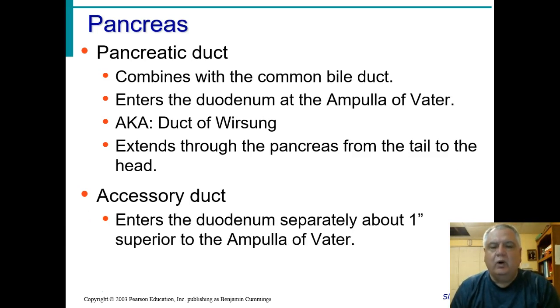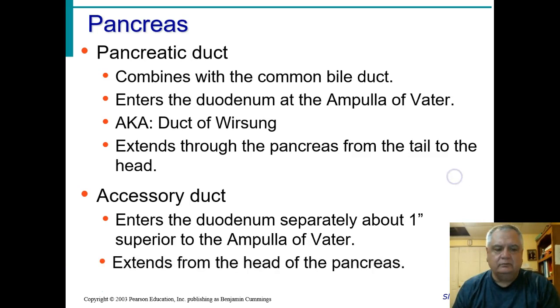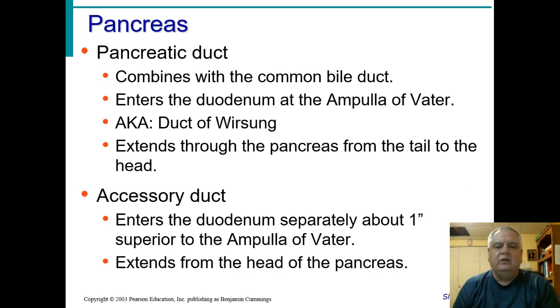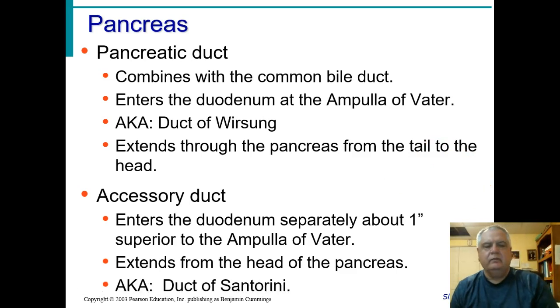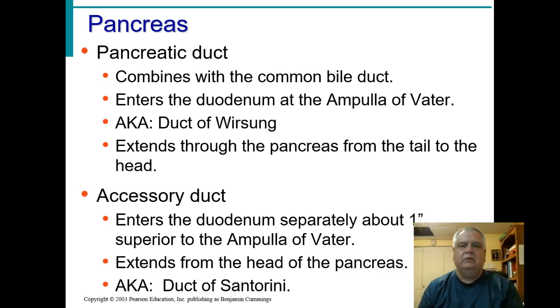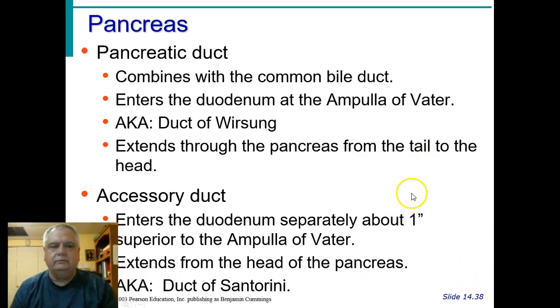It's going to enter the duodenum separately about 1 inch above the ampulla of Vater. It will extend only through the head of the pancreas to that position just above the ampulla of Vater. The accessory duct is also known as the duct of Santorini, again named for the anatomist who first described it.